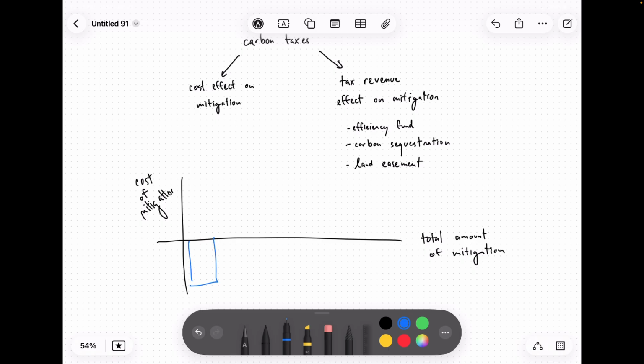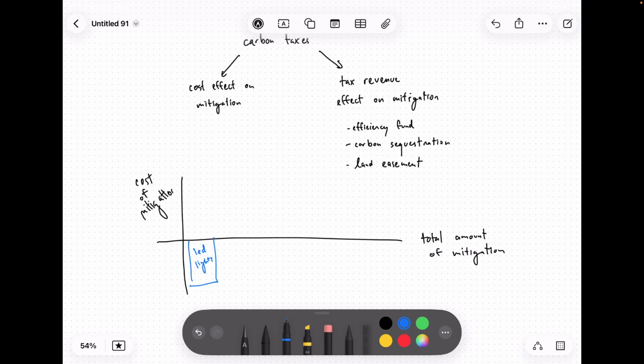Maybe this is LED lights. The idea is that there's a particular technology or behavior that you can implement to help mitigate some amount of carbon, and this is how much you mitigate, and this is how much it costs.